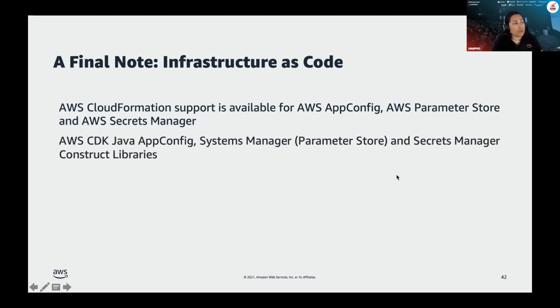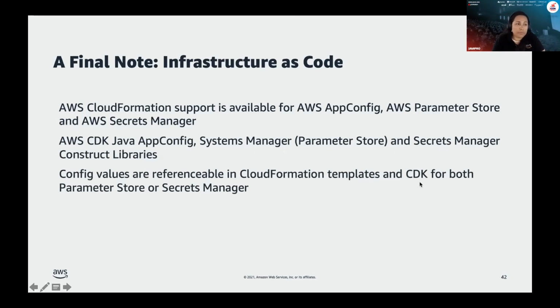And that's true also if you're using AWS CDK, which is the newer way of providing programmatic definitions for your cloud configuration. It also has construct libraries for working with AppConfig, Parameter Store, and Secrets Manager.